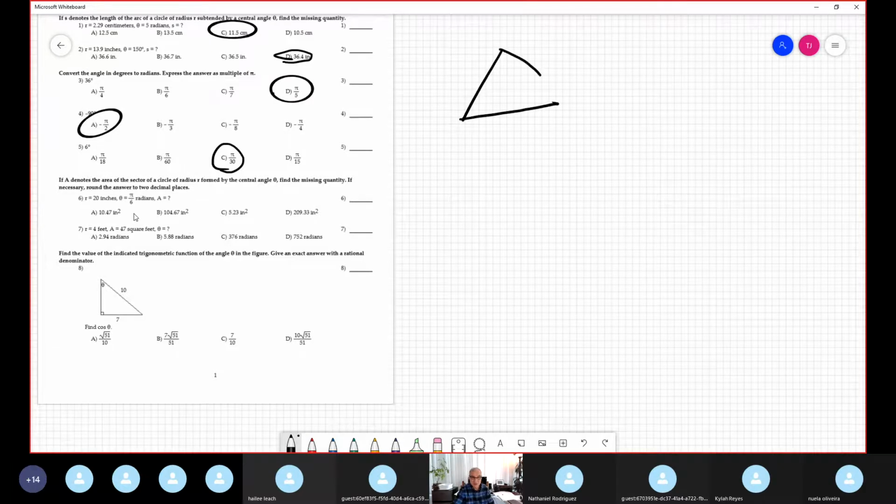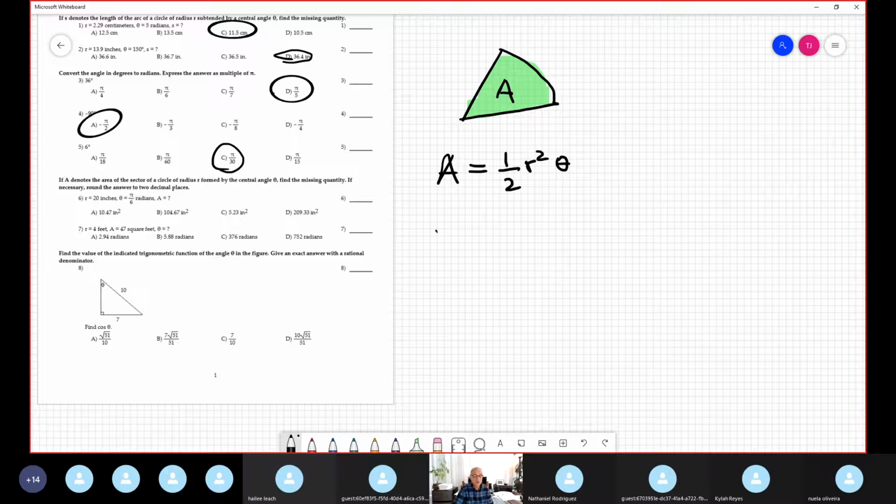Look, a sector is the piece of pie, and the area inside is the area of the sector, capital A. The formula is A equals 1/2 radius squared theta. And theta, similar to the arc length, is expressed in radians.